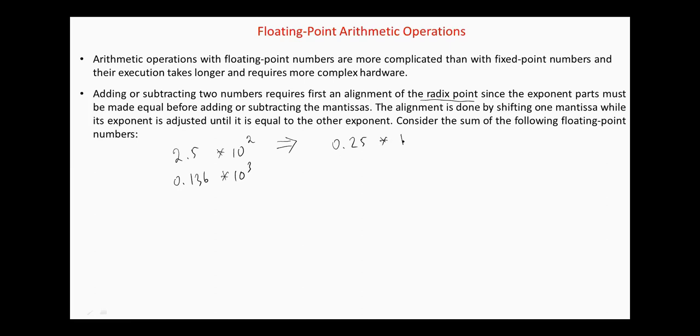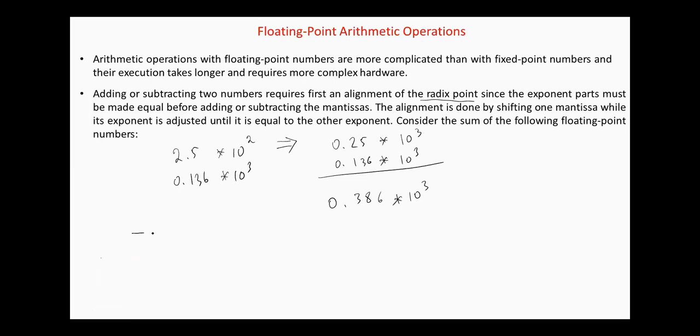We shift right and increment the exponent. Now the two numbers are under the same exponent, so we can perform the add operation. In this case, we'll have 6, 8, 3.